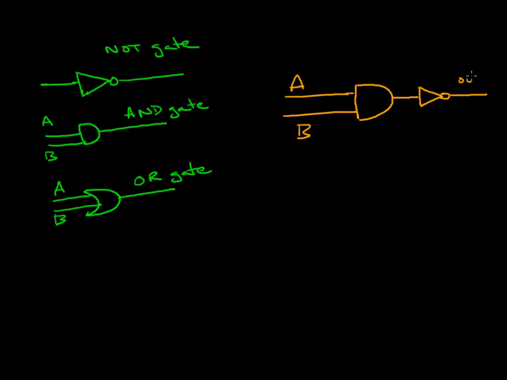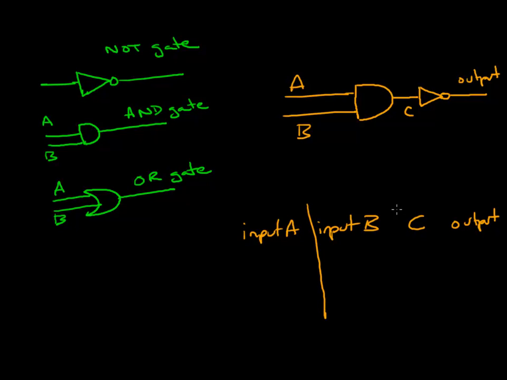And then our output will be from here. So in this case, we can do a truth table, and I'm going to put in a letter C here just to help me out. So that's what the output from the beginning is. So I'm going to have input A, and input B, and C, which I've created, and my output.